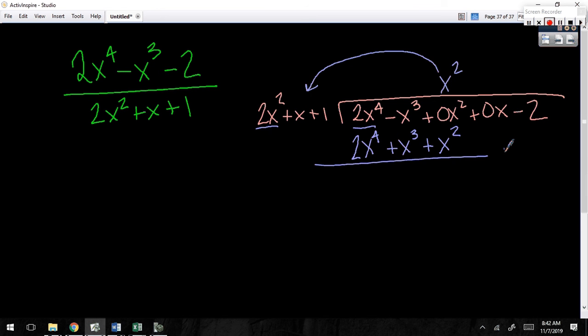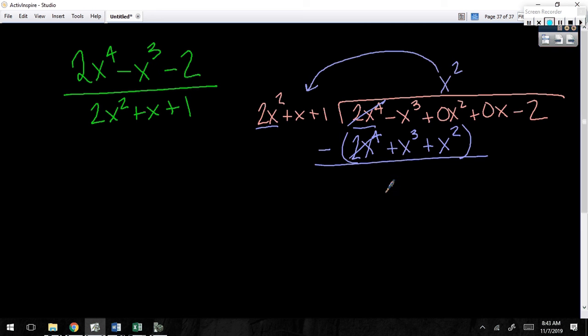Is anybody lost? No. Right. I like teaching this because this is one of those things that looks really complicated when you put it up here. But once you get it, it's really not a hard concept. All right, let's subtract. Do the first two cancel out? Yes, they do, as they should. What is negative x cubed minus x cubed?